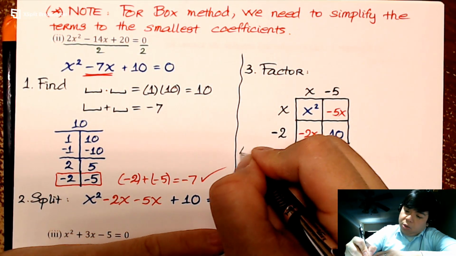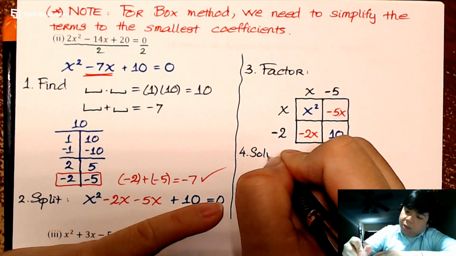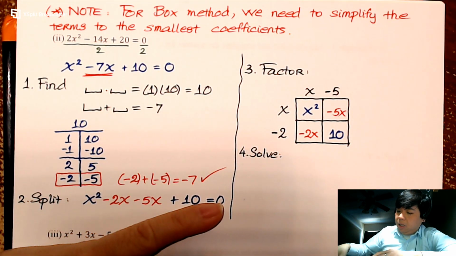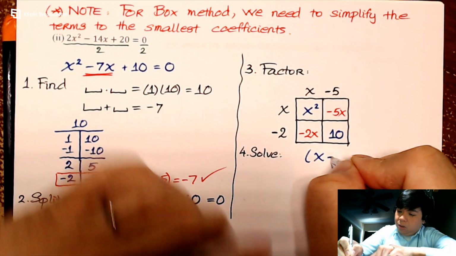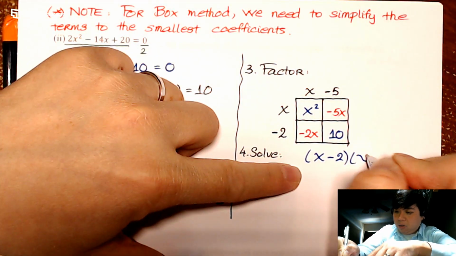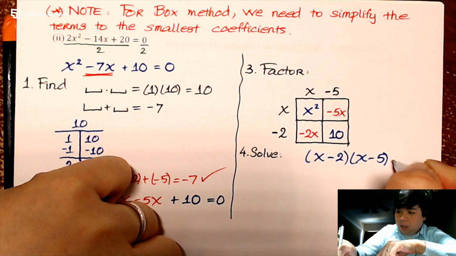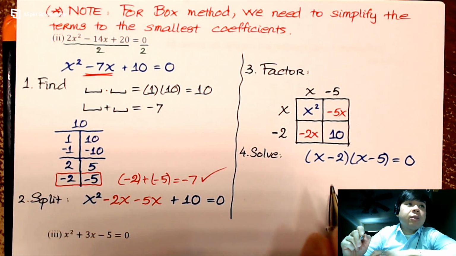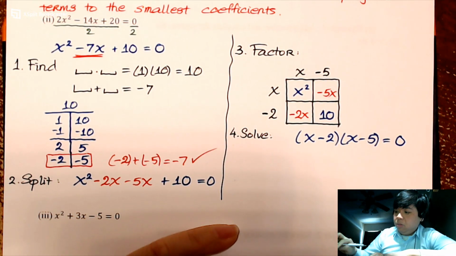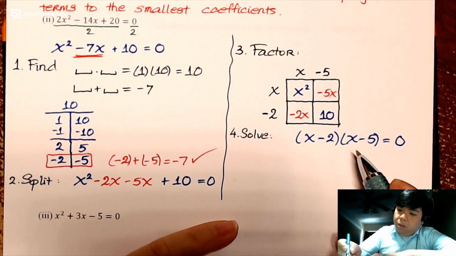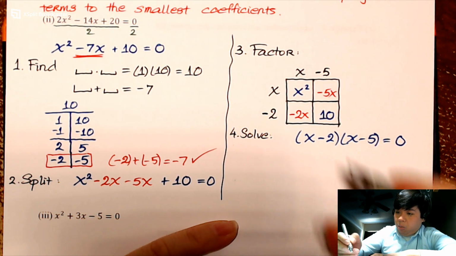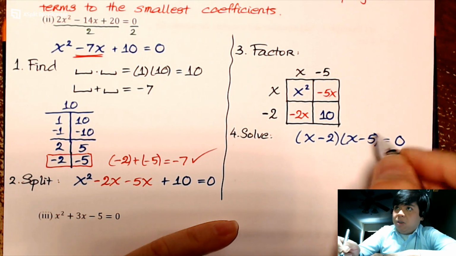And the last step is to solve for it. And we have x minus 2 and x minus 5 equal to 0. So the zero product principle, one term has to be 0.